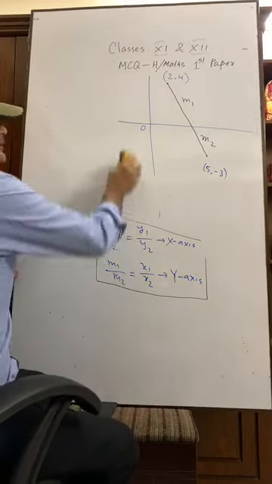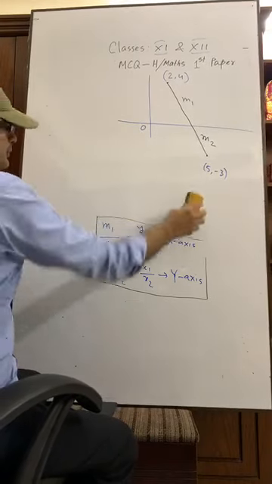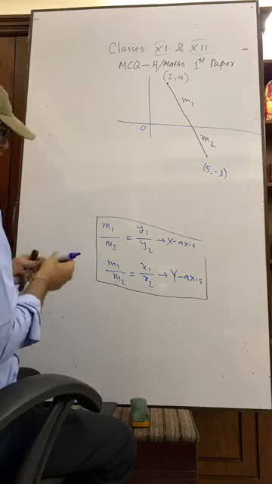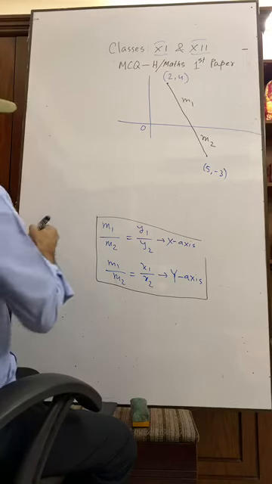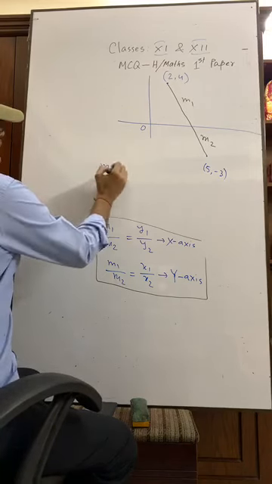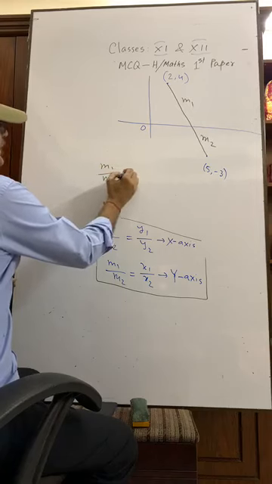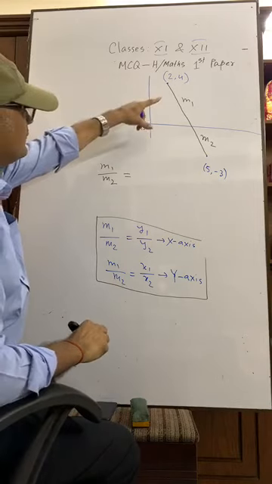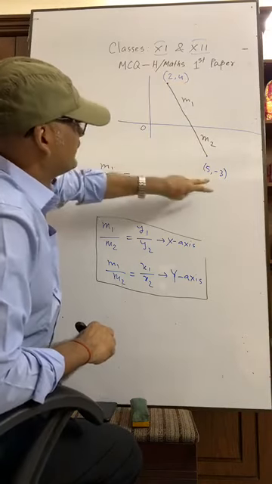See, M1 is to M2. So we get M1 by M2 is equal to, what is written here? Y1. So it is x1 y1, it is x2 y2.